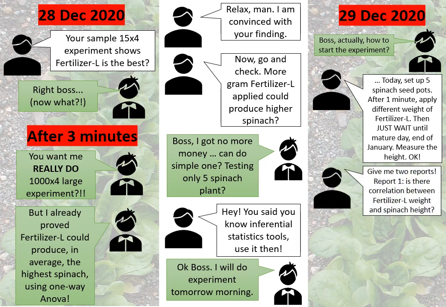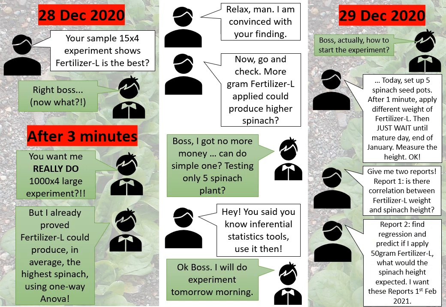And then give me 2 reports. The first report, is there any correlation between fertilizer L weight and the spinach height? Second report, you find the regression and predict if I apply 50 grams, what would be the spinach height? I want those reports by 1st of February 2021.